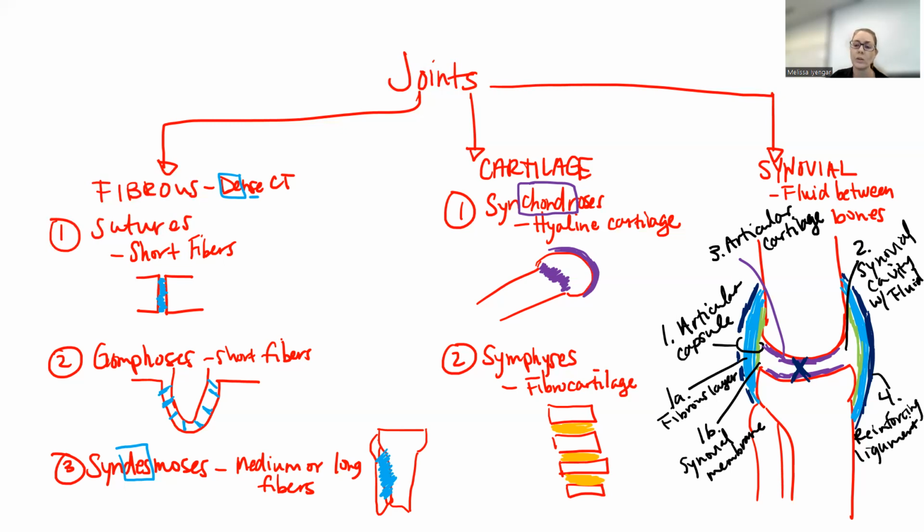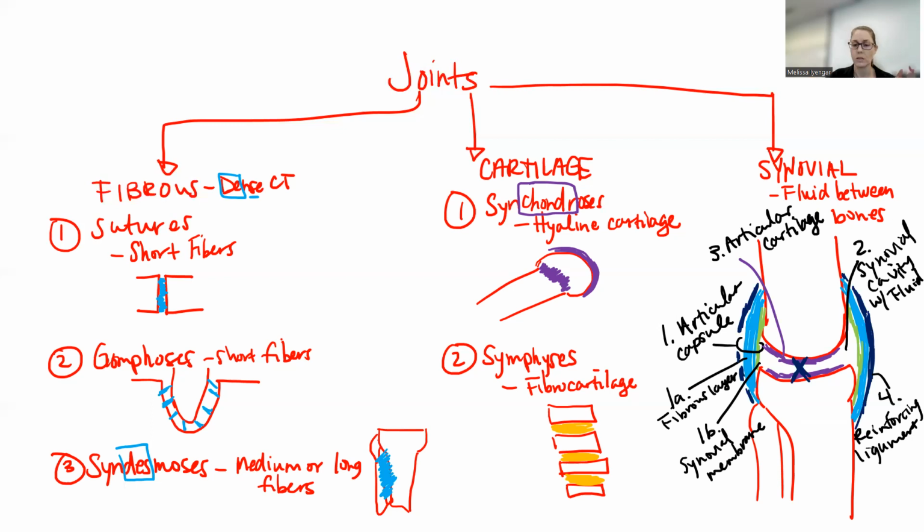So remember, those can be extrinsic, which means outside, or intrinsic, which means inside. You don't necessarily have to have the inside ones and the outside ones. That will depend on the joint. Like the knee joint has intrinsic reinforcing ligaments. This is what the ACL is and the PCL. It also has some extrinsic reinforcing ligaments, which is your medial and lateral collateral ligaments.